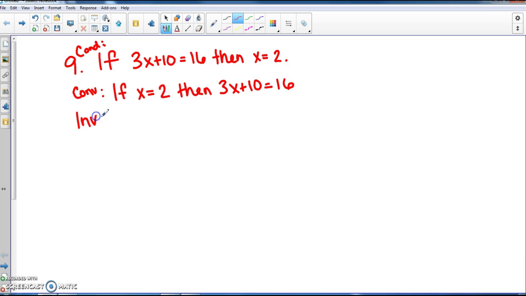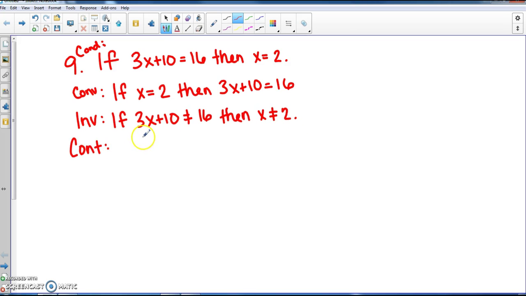The inverse, you go back to the original and negate, and the negation of equal to is not equal to. So if 3x plus 10 is not equal to 16, then x does not equal 2, so you have to negate both. And then the contrapositive is switch and negate. So if x does not equal 2, then 3x plus 10 does not equal 16. Okay.